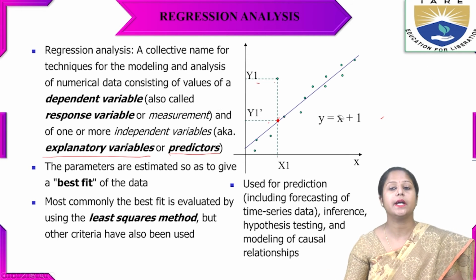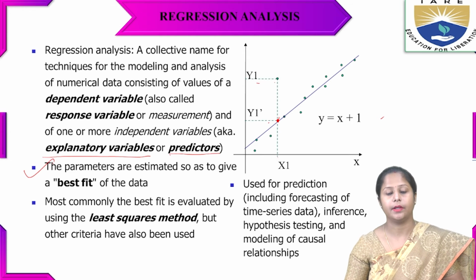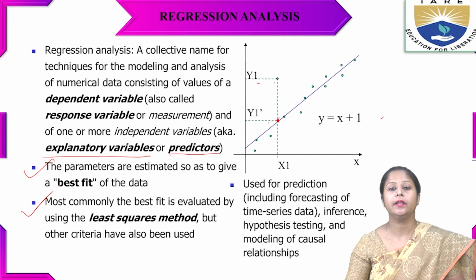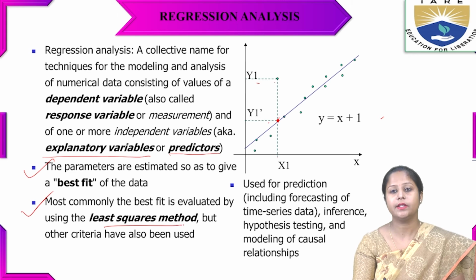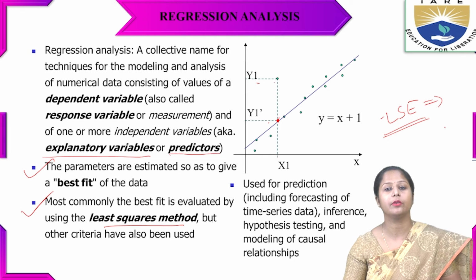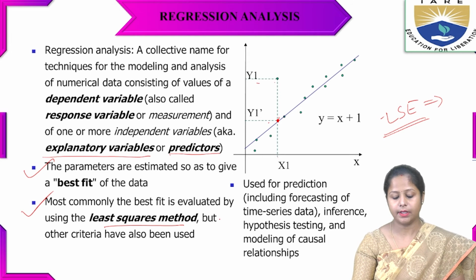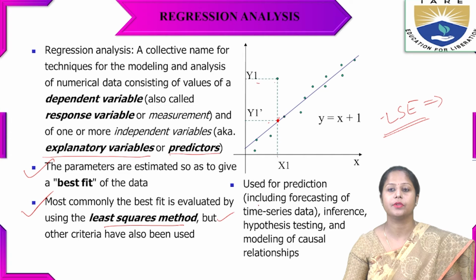The parameters are estimated so as to give the best fit line of the data. Most commonly the best fit is evaluated by using the least square method. There are mathematical formulas to calculate that best fit line, but other criteria have also been used.